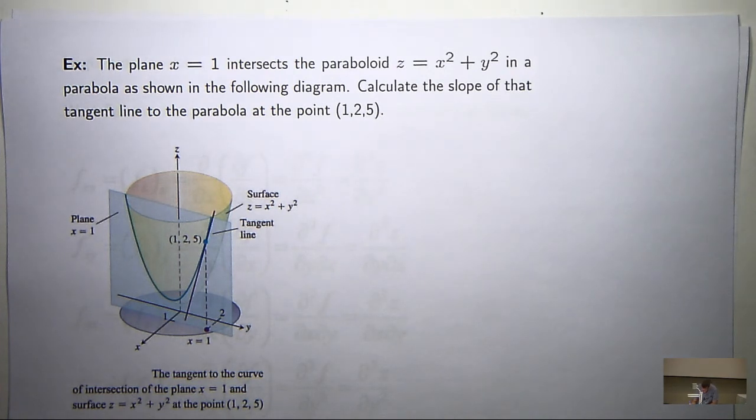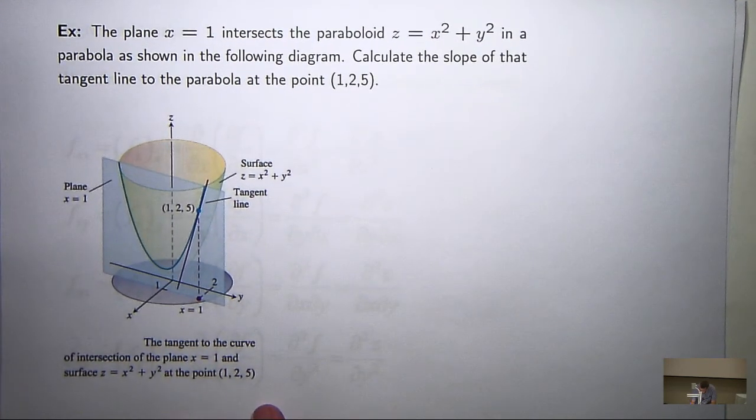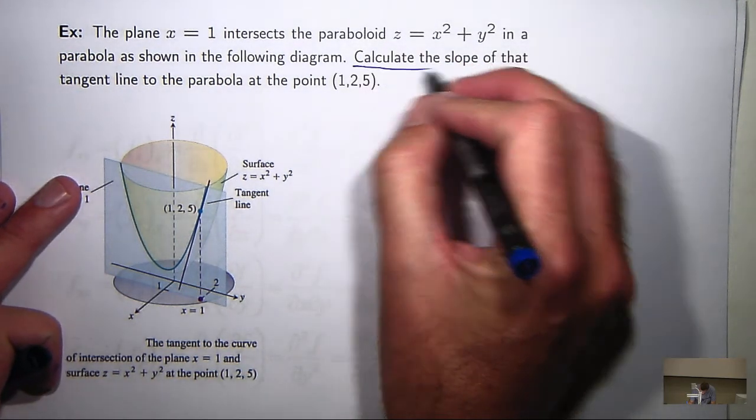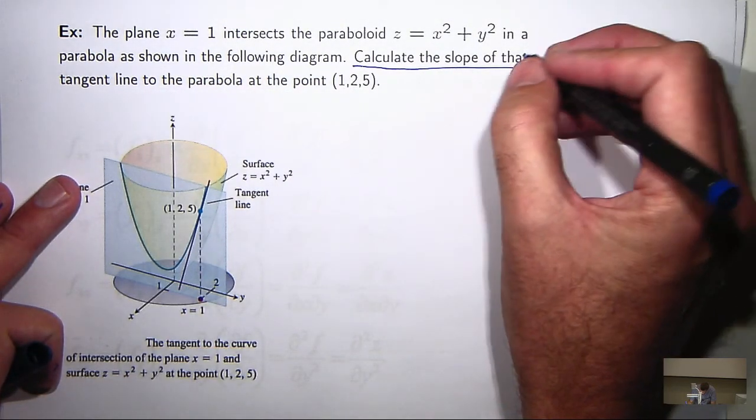Okay, here we have a paraboloid. That's the yellow, the graph is the yellow surface. Now we're asked to calculate the slope of the tangent line to the parabola at the point x equals 1, y equals 2, z equals 5. Now, why do I like this question?